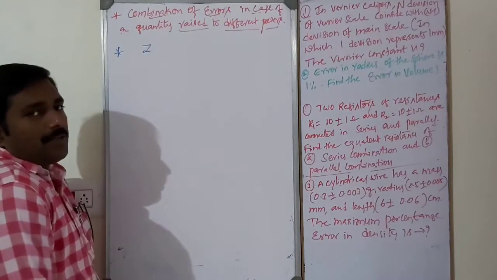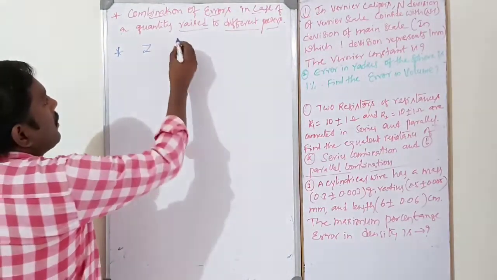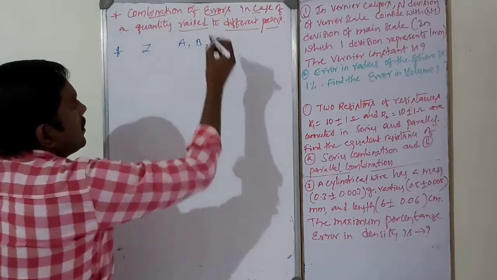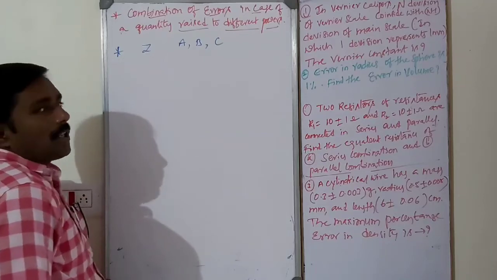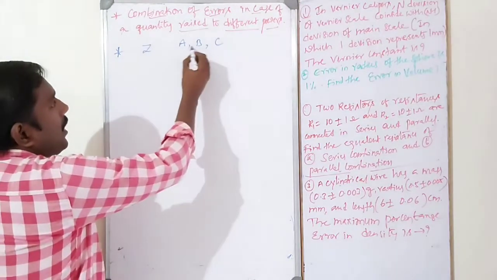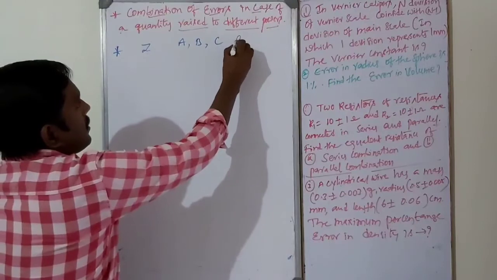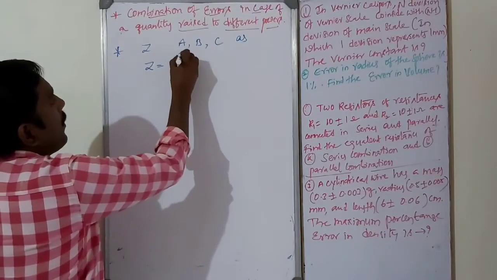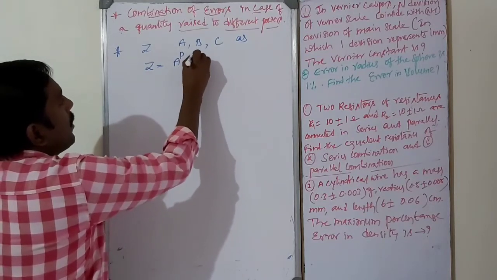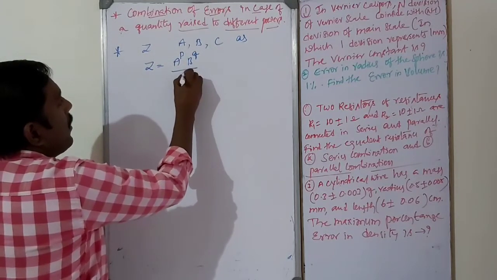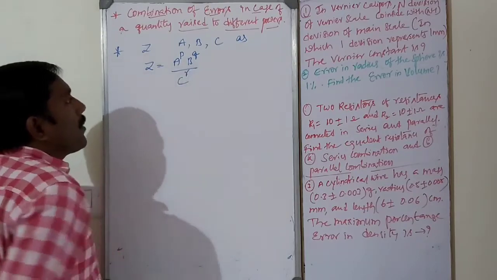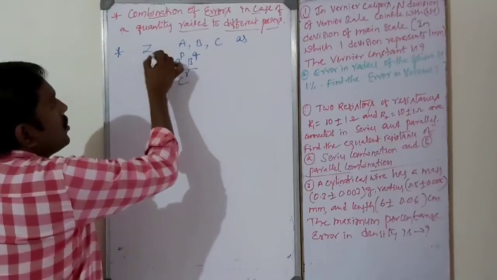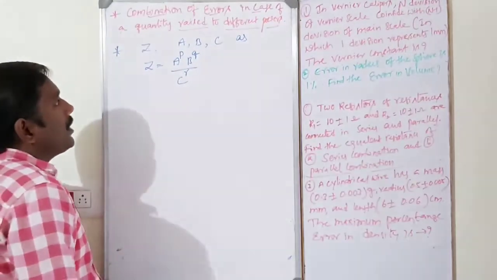So Z is a physical quantity that depends upon the factors A, B, and C, as Z is equal to A power P, B power Q, C power R. In this case, A, B, C and Z are variable quantities.